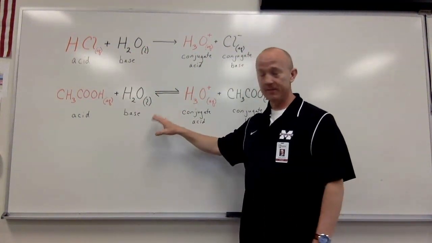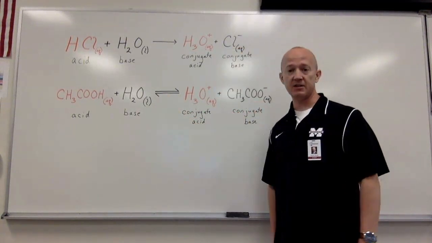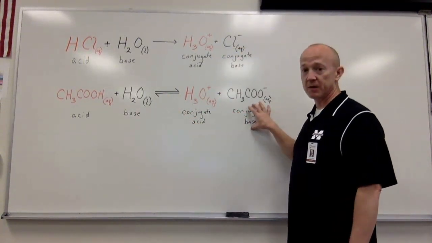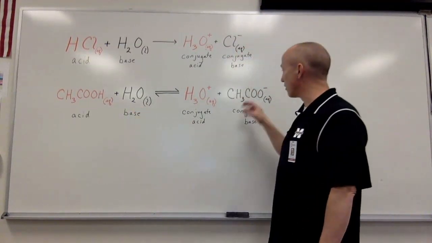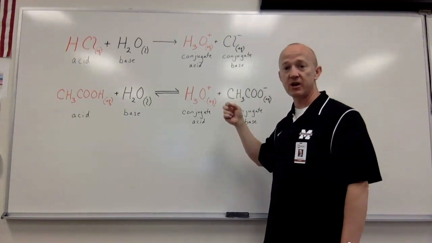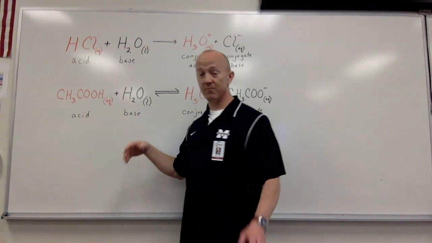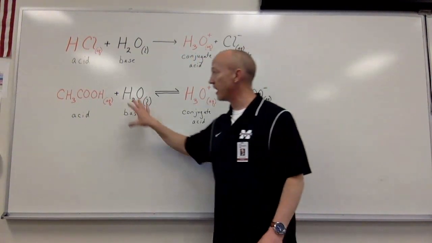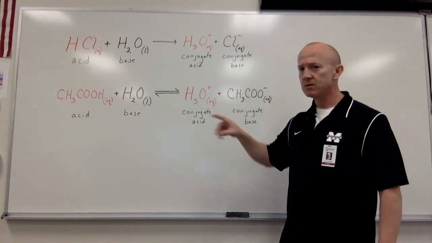On the other hand, acetic acid. The acetate ion that came from the acetic acid is a strong conjugate base, stronger than water is. And therefore, the conjugate base can take that hydrogen ion back and push this reaction to the left. And because of that, we actually have more of these than we do of these.